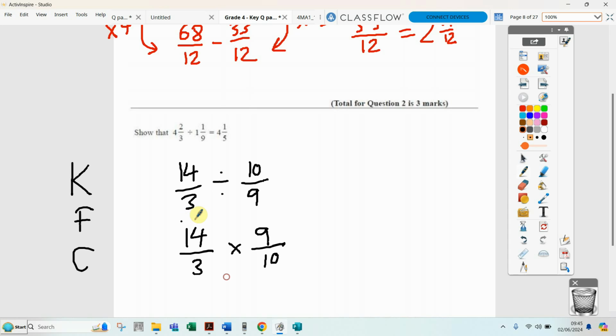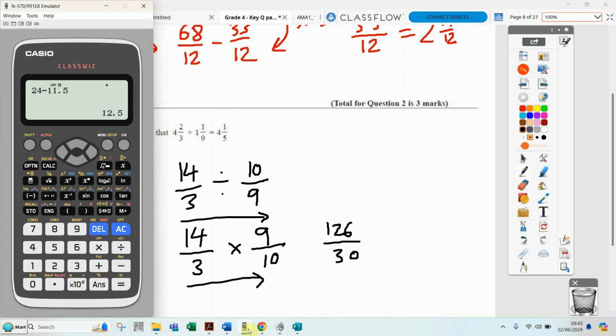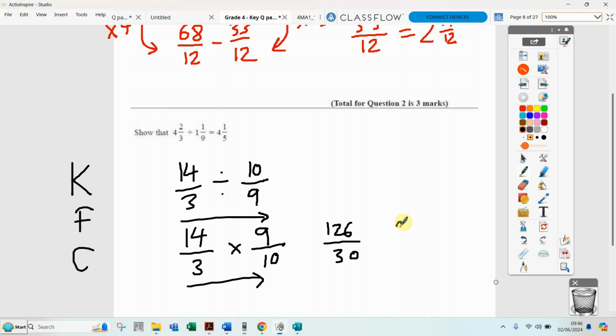Then you times the top two numbers and times the bottom two numbers. So 14 times 9 is 126, and 3 times 10 is 30. What you then do is type this into the calculator, and let the calculator cancel it down to 21 over 5, and then you write down that this is equal to the exam board's answer, which they say is 4 and 1 over 5. That's how to get 4 marks.